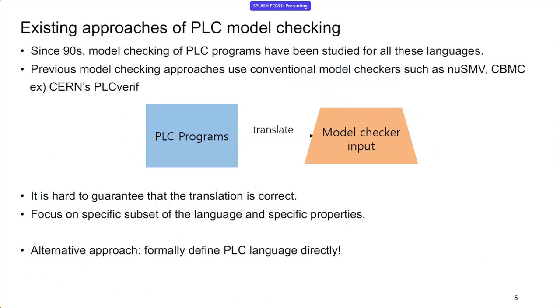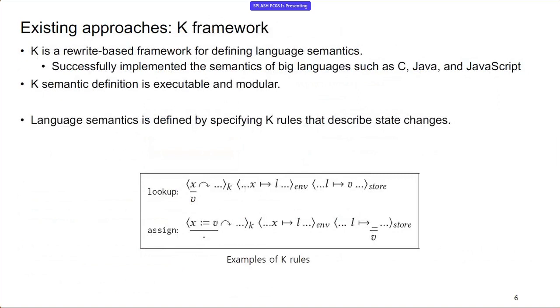There was an alternative approach, which was to formally define the PLC languages themselves. Such approaches include works using the K framework. K is a rewrite-based framework for defining language semantics, and it has successfully implemented the semantics of big languages such as C, Java, and JavaScript.